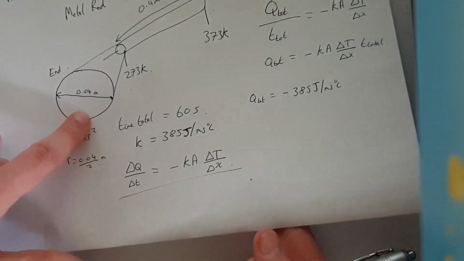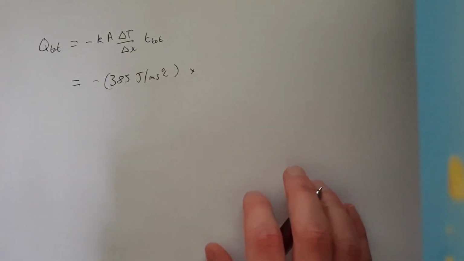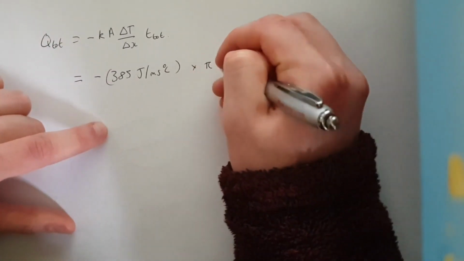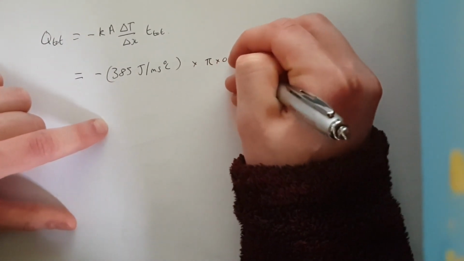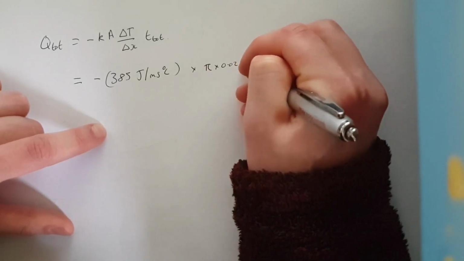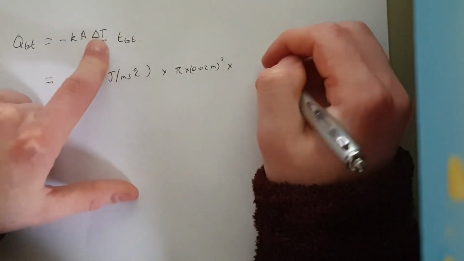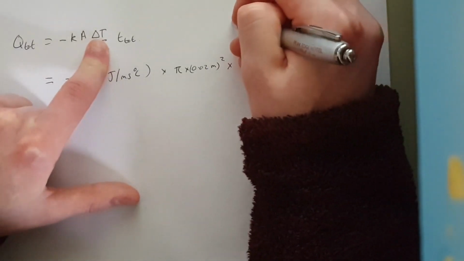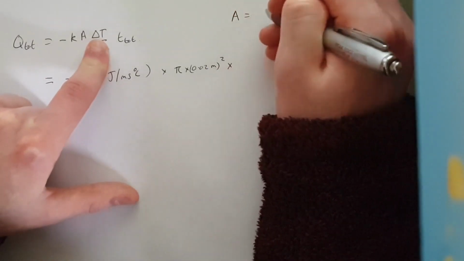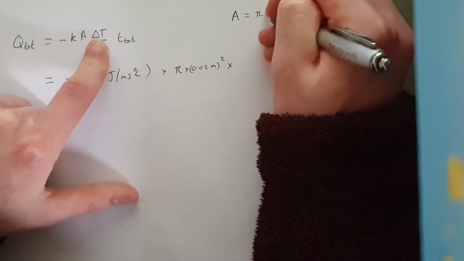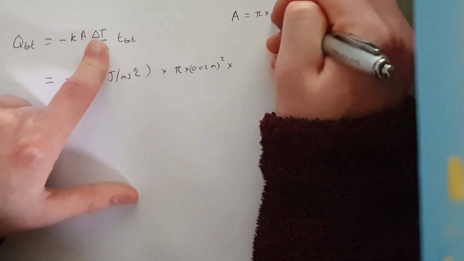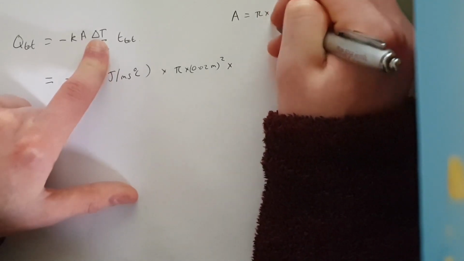So that's the area in which the heat is being conducted. So that's pi times 0.02 meters all squared.